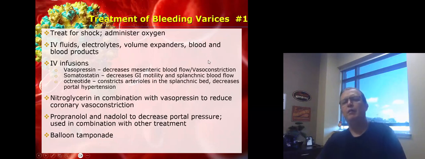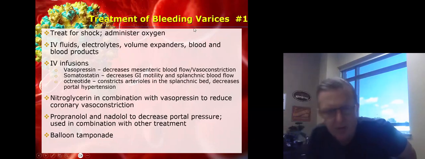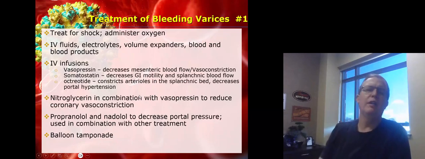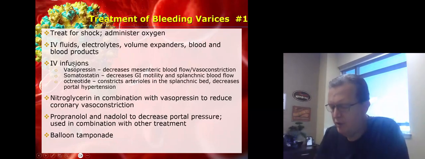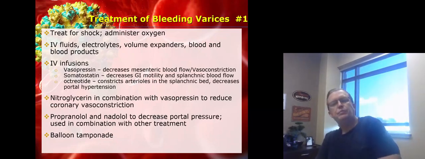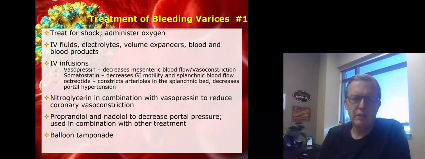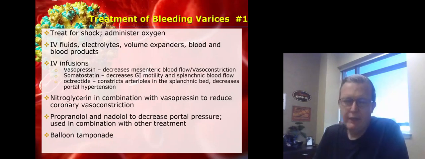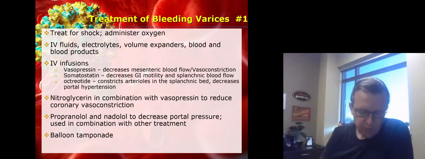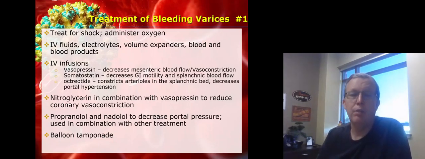So let's talk about the treatment of bleeding varices. And this has a progressive nature to it. If they're in some type of shock state, most commonly it's going to be hypovolemic shock, and that may require blood transfusions and/or rapid fluid administration, and perhaps even massive transfusion depending on the severity of the bleed.